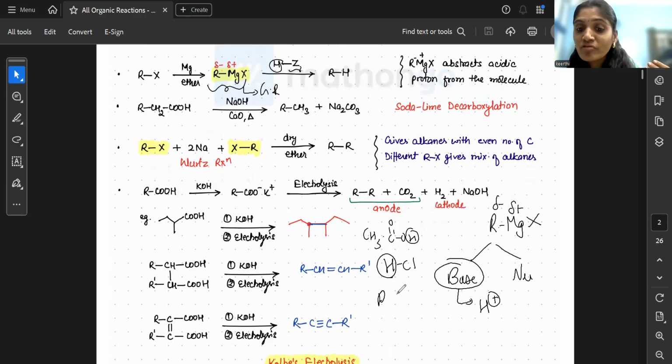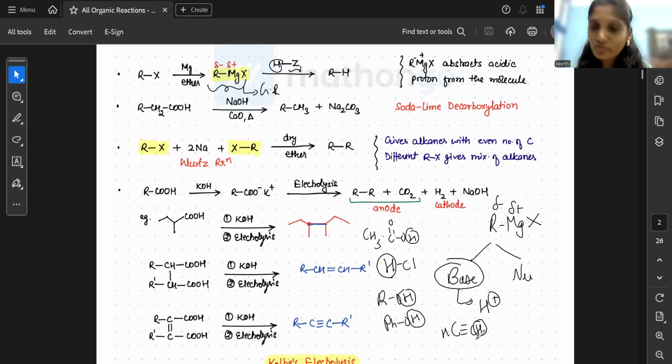Even in alcohol, this is an acidic proton. Even in phenol, this hydrogen is an acidic proton. Even in an alkyne, the terminal alkyne, the terminal hydrogens are acidic hydrogens.